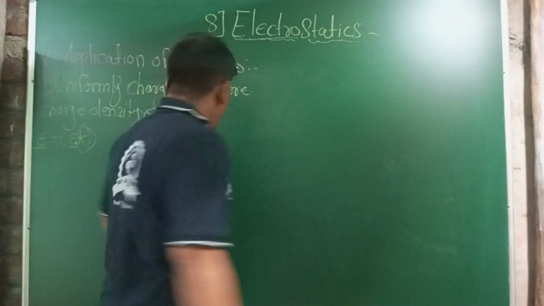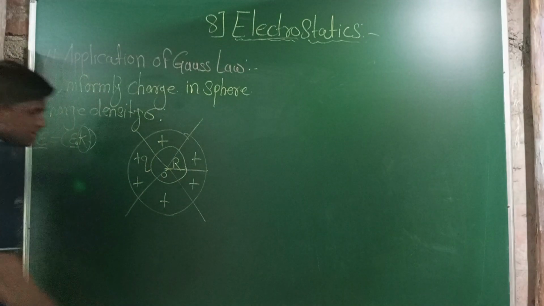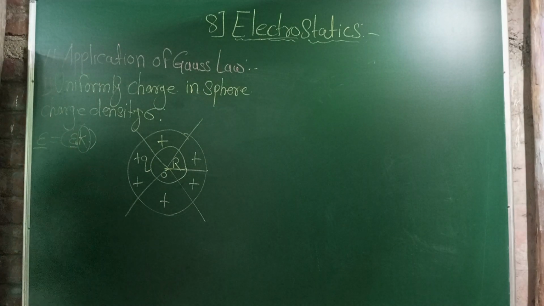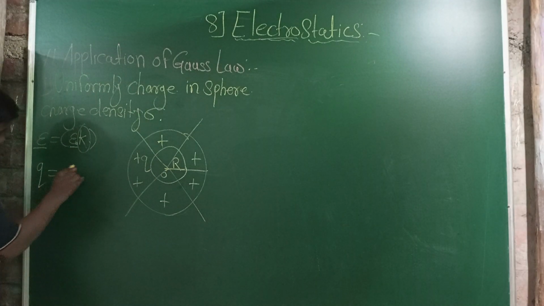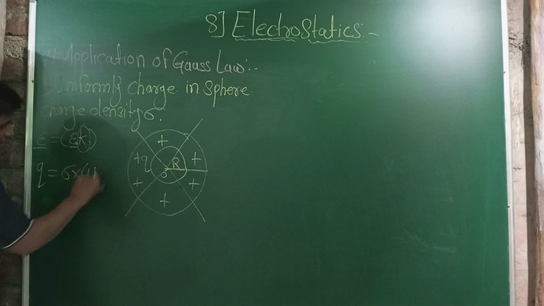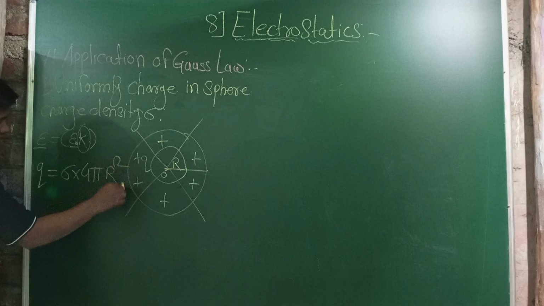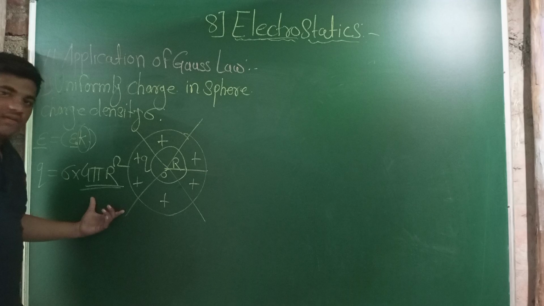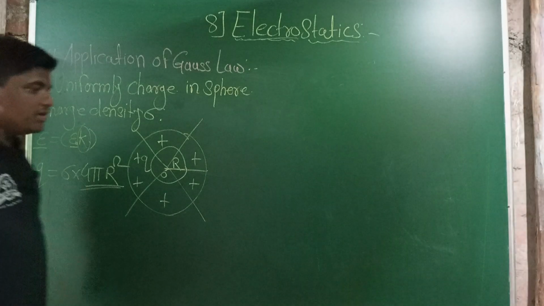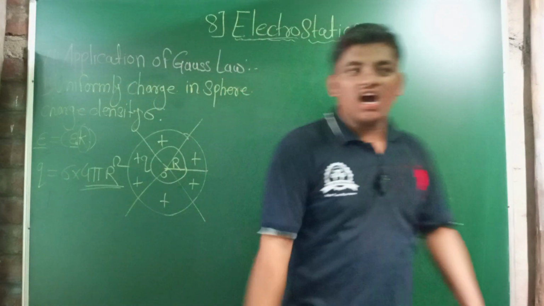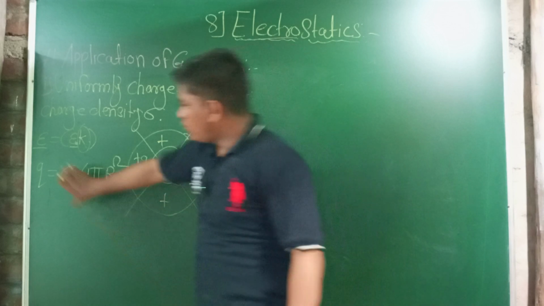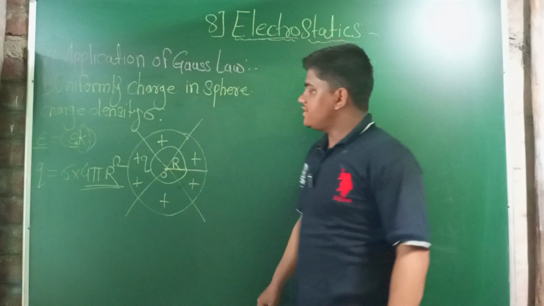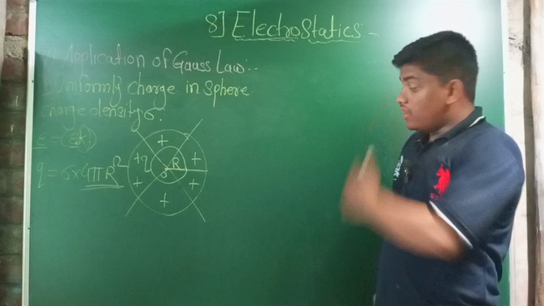Now the total charge distributed over the sphere is Q, equal to the charge density sigma times the surface area of the sphere.